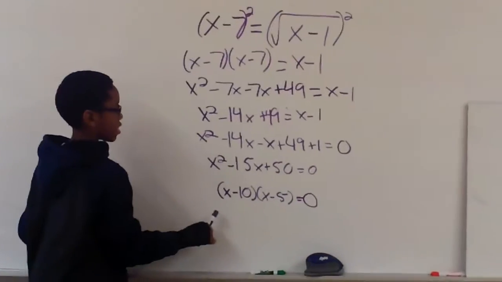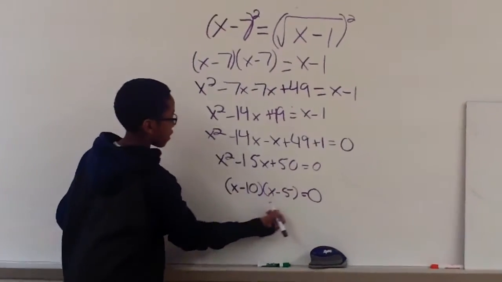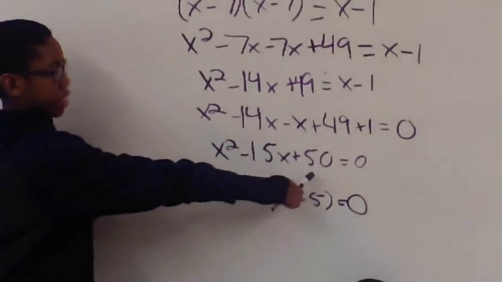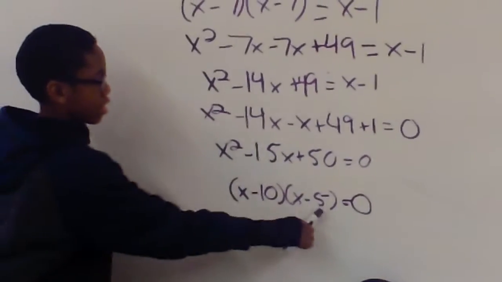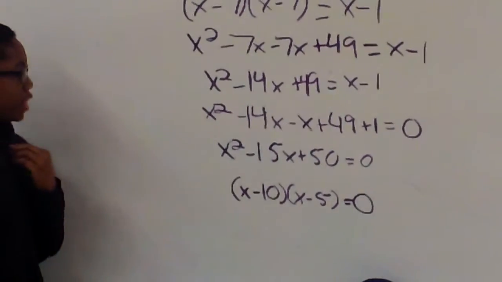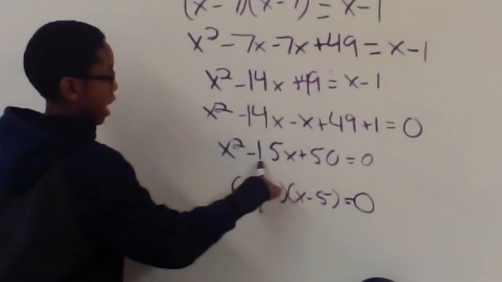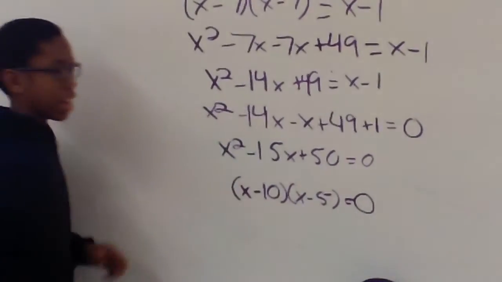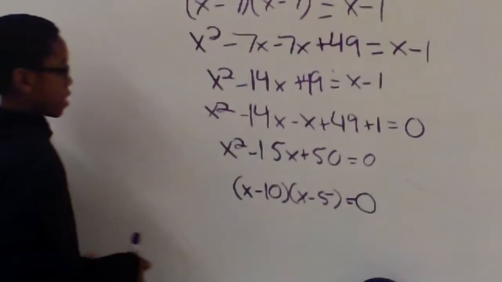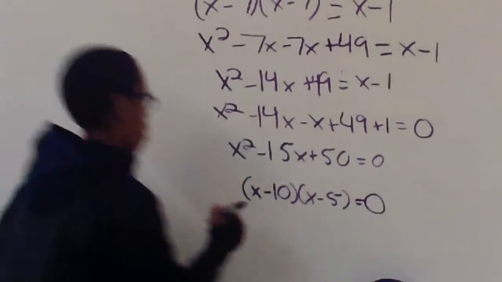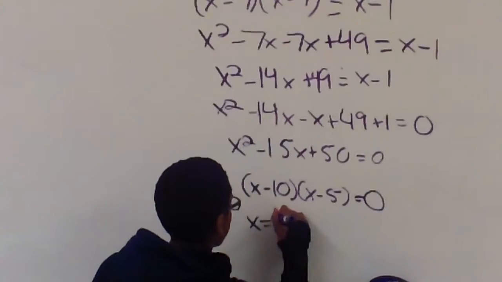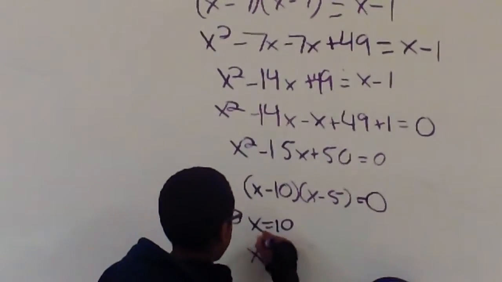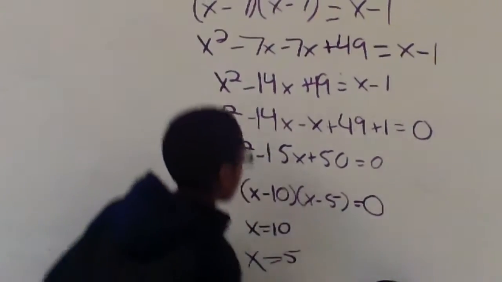Basically, you have to find two numbers that multiply to 50, so negative 10 times negative 5 equals 50, and two numbers that add to negative 15. So negative 10 minus 5 equals negative 15. So now your two solutions are x equals 10 and x equals 5.